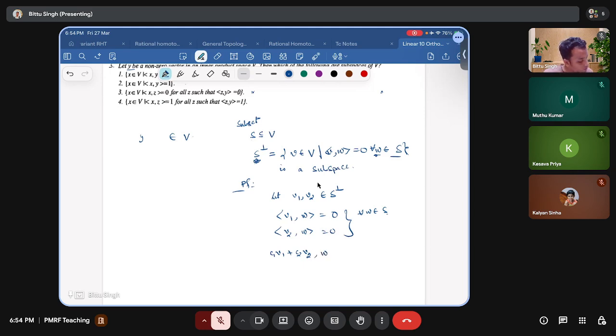So if we take the inner product with w, then by the definition of inner product, this is the same as c1 times the inner product of v1 with w plus c2 times the inner product of v2 with w.